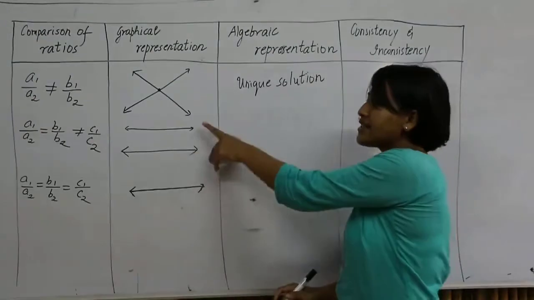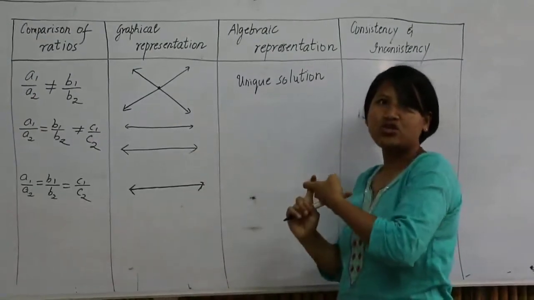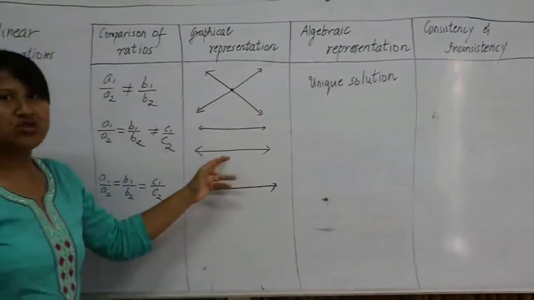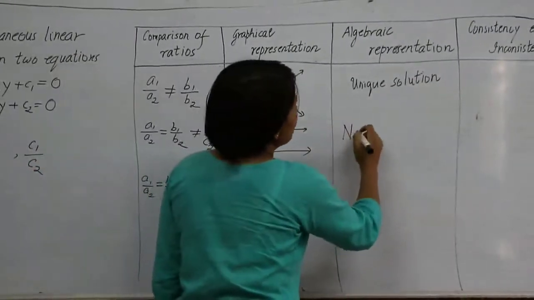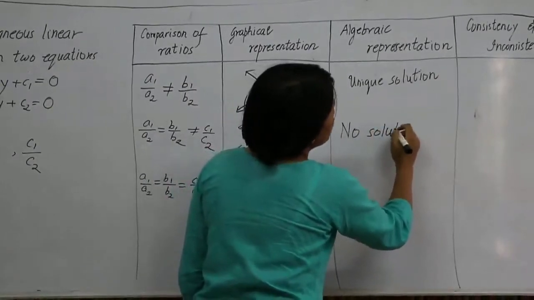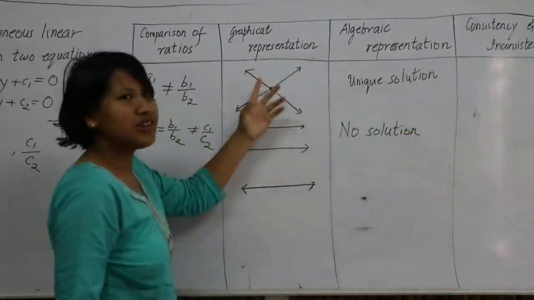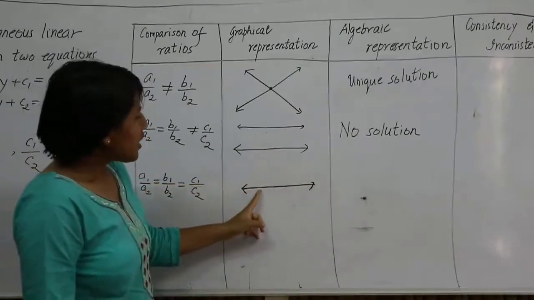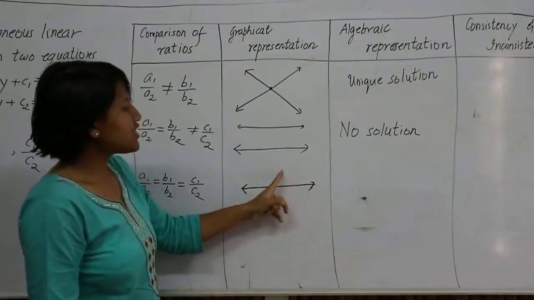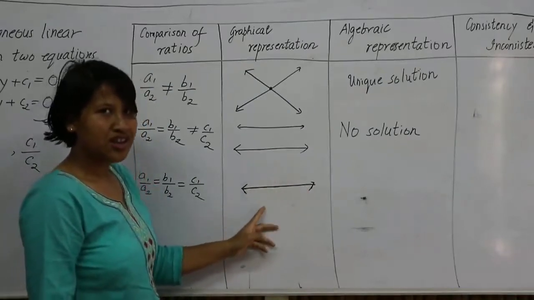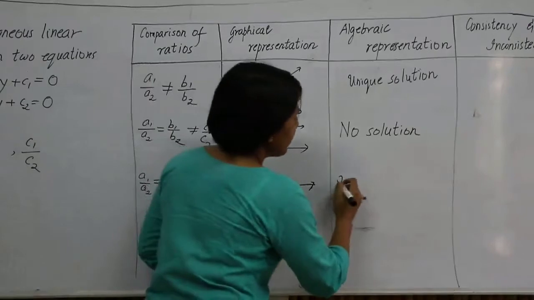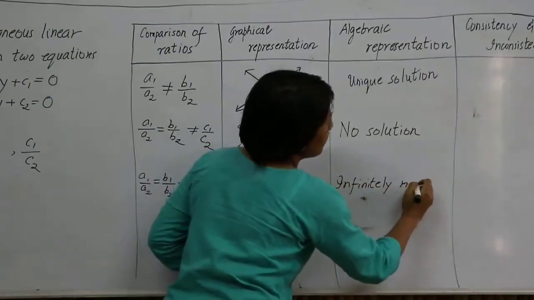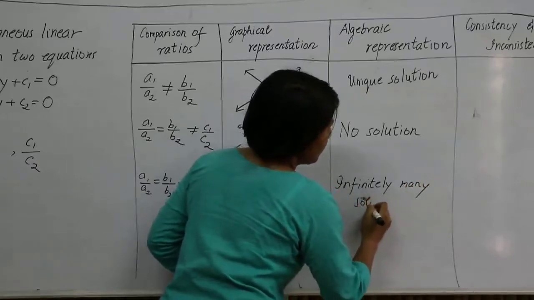In this case they do not touch, they do not meet, so there is no common solution for these two lines, hence we conclude that there will be no solution. Just from the graph you can tell. But in this case, each and every point of this line satisfies both the equations. So, finally, many solutions.